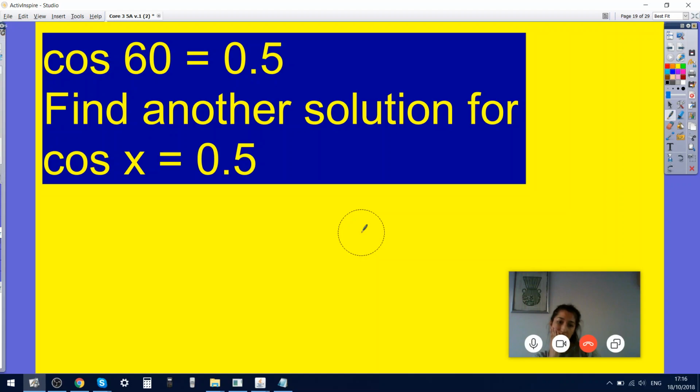How about this one? Cos 60 equals 0.5. Find the solution for cos x equals 0.5. Is that like a process? How do you find a second answer for cosine?